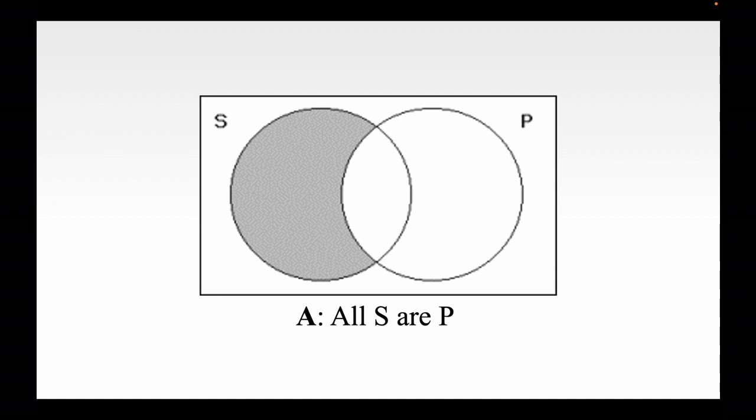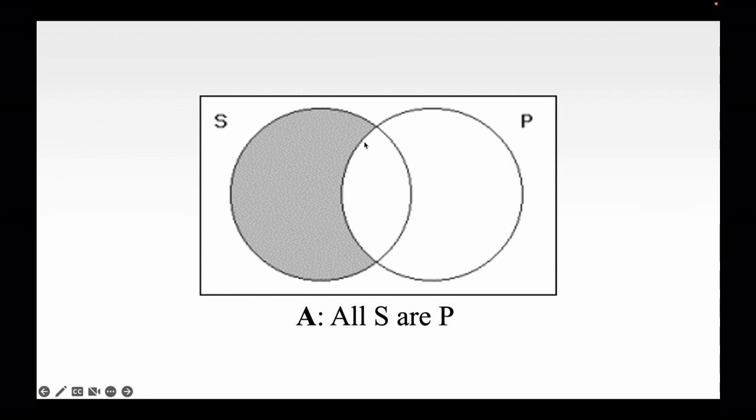The next thing that I wanted to show is how to diagram the four categorical forms. The first form is the A form, which is all S are P. So, for example, all bananas are yellow.